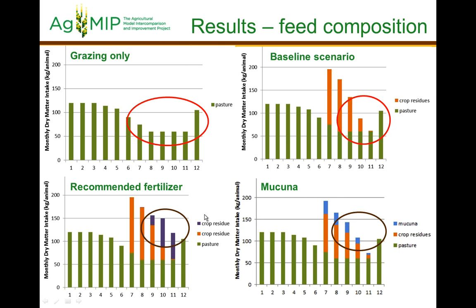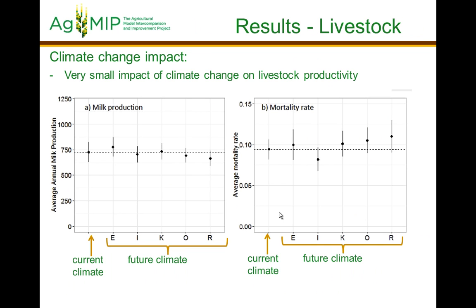And then with the recommended fertilizer, more crop residues are produced. So those are added here in the purple color. And then with the mucuna scenario, we see that we are not only adding biomass, but we are also adding biomass of higher quality, because mucuna is a forage crop that has a higher crude protein content and metabolizable energy content than the crop residues of the cereals.